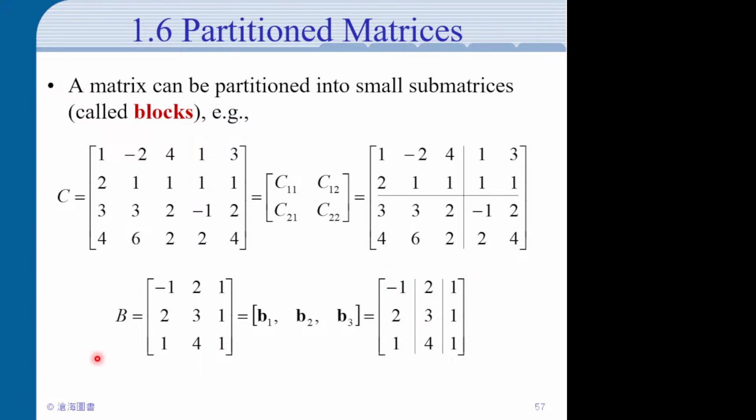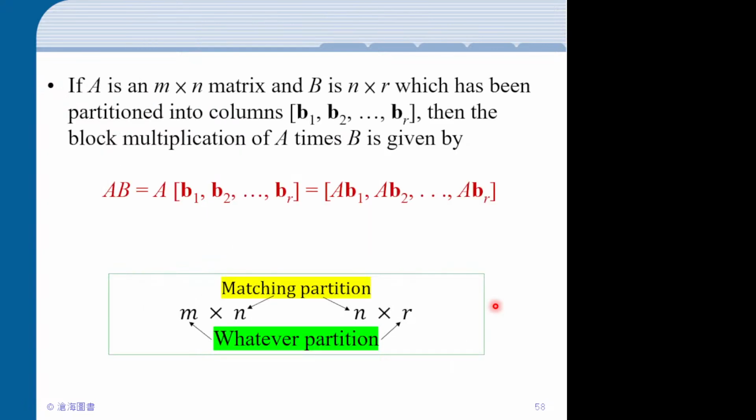So we can partition a matrix into blocks, or if your blocks are just columns, then we can think of them as column vectors. You can think of this matrix as just listing column vectors. Now we are just drawing lines, and how is this useful?